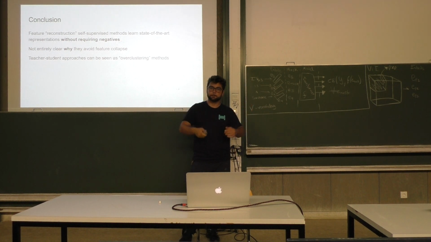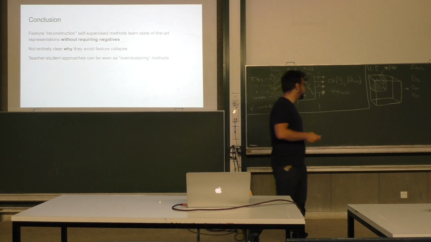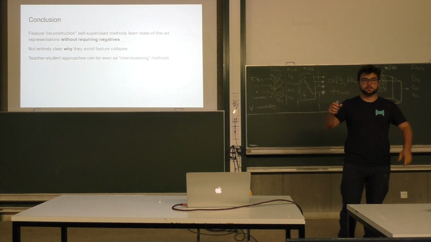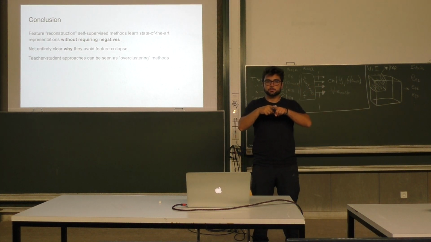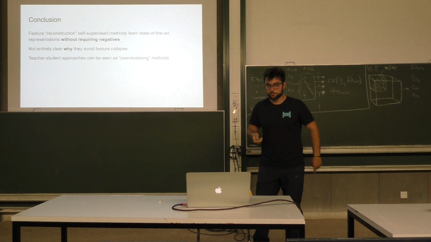Yes? Negatives, what do you refer to as negatives? So negatives in the case of the SimCLR loss is the denominator. So basically all the similarities that do not correspond to views of the same image. Okay.